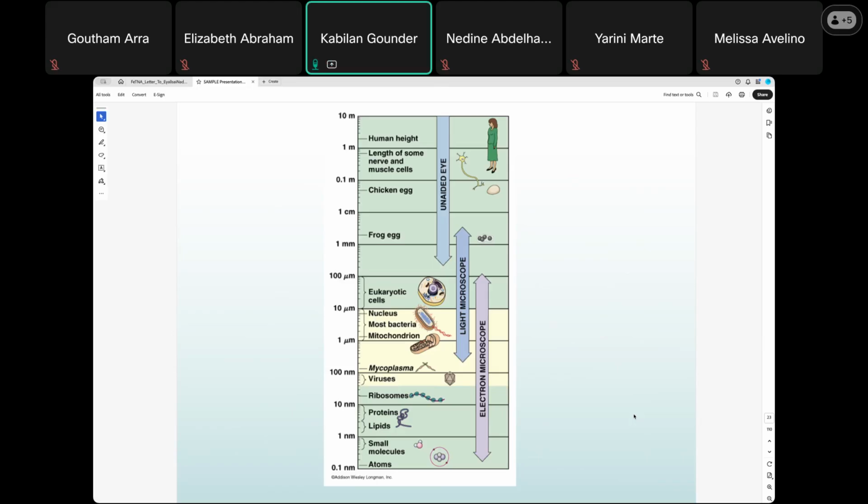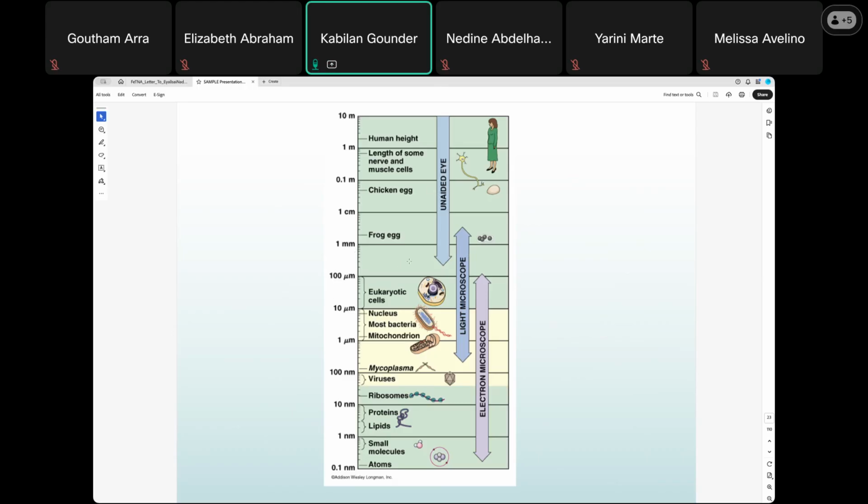If you cannot see it through this microscope, then what else can you look for? That is the electron microscope. So in this picture, the unaided eye can see something around 1 millimeter in size, or a little bit further, with 50 mm. So you can see that with your eye.